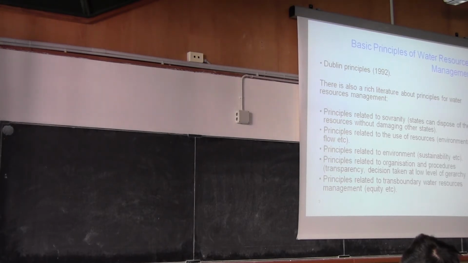And also principles related to the environment in general, these are similar. Principles related to organization and procedures, transparency, decision-taking, low level of hierarchy, etc. And principles related to, again, transboundary water resources management.